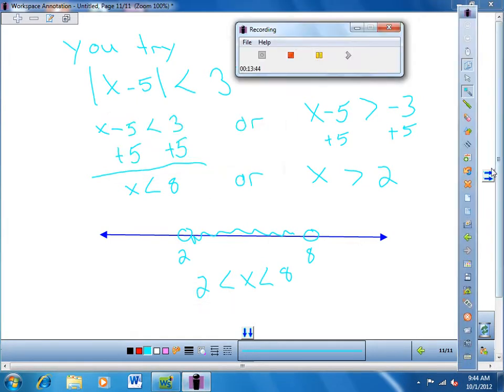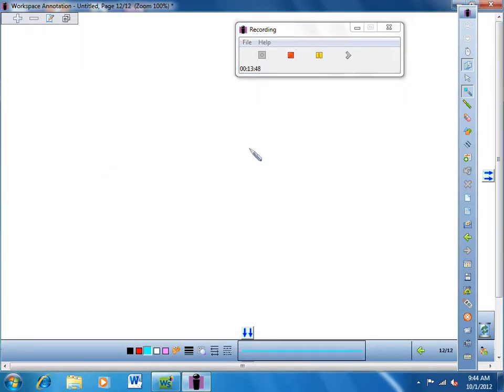Say I had one like this, and you're going to run into these in your lifetime. Say the absolute value of x minus 2 is less than negative 3. Anyone know what the answer is to that?